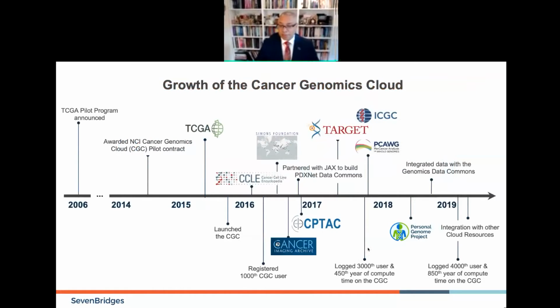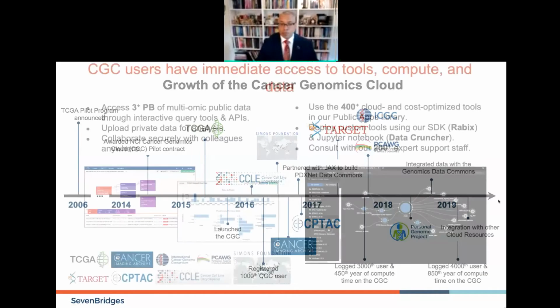This is just a snapshot of changes or additions since the TCGA pilot project and then the NCI cloud project, which the CGC is one of. Since about 2014, we've had regular additions, and it doesn't even go up to what we've added the last 2 years. So the benefit is co-localizing data or large data sets with computation.